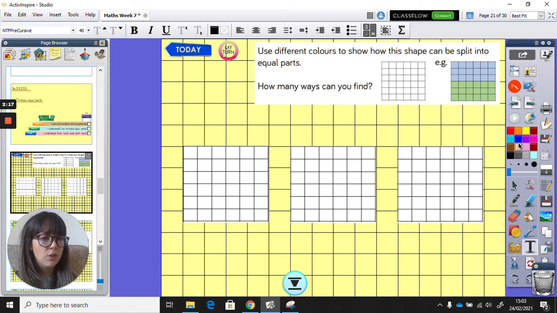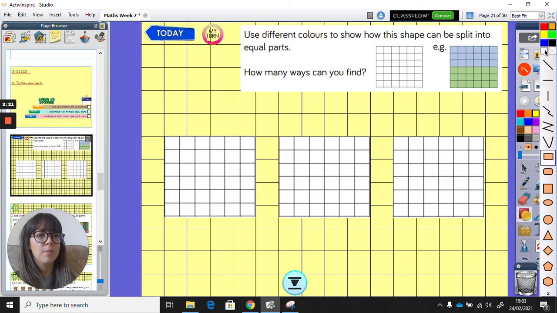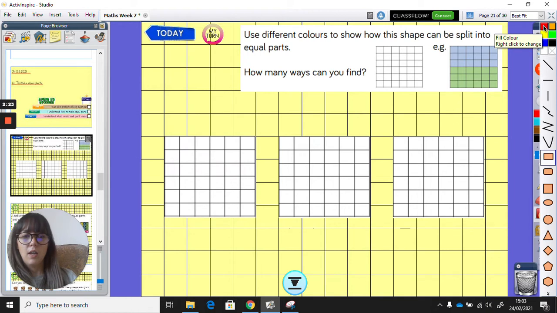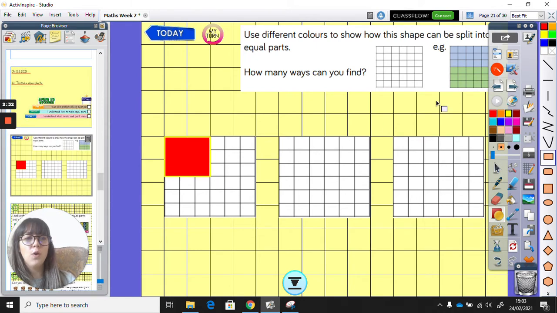Now what I'm going to do is use my square tool to split it up into different parts. So we're going to use a red part first. So I'm going to firstly split my square up into 4 equal parts, but we need to make sure that they are all exactly the same size, okay?